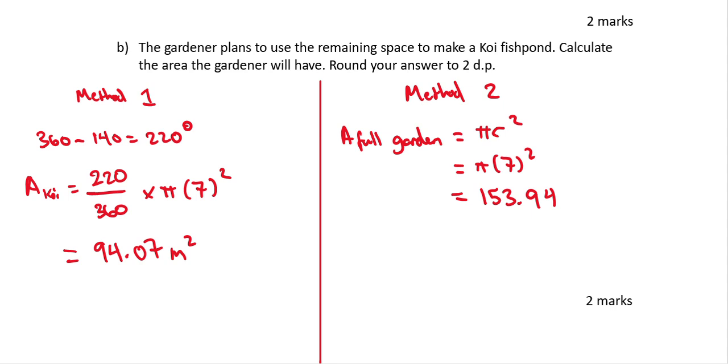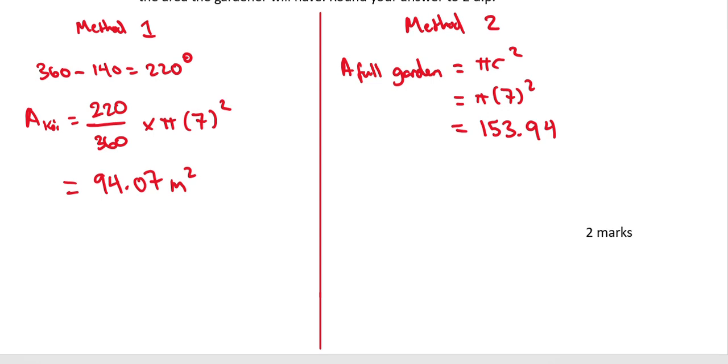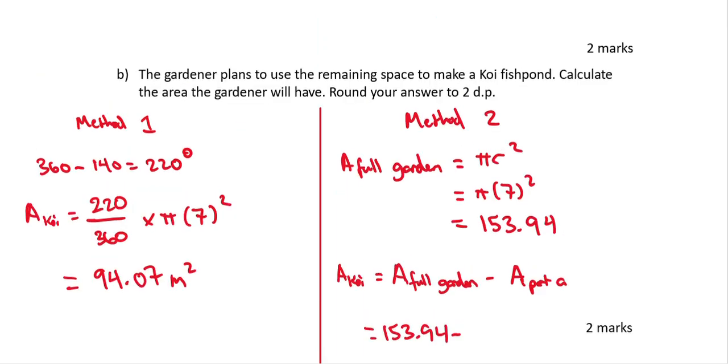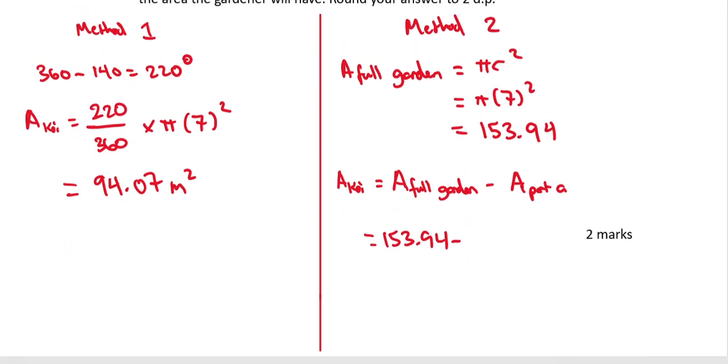And then you just subtract the area of part A. So that'll be 153.94 minus 59.86.